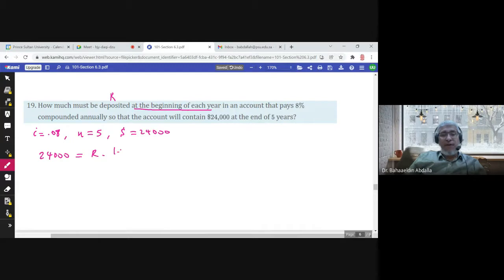1 plus I to the power n minus 1 over I times 1 plus I. If you divide this by this, or if you multiply this times R and then divide as I did in another example before, you will find that the answer is 3,787.92 dollars.